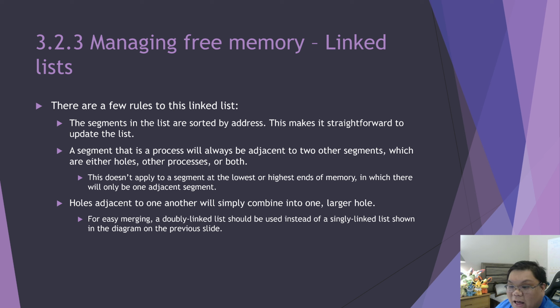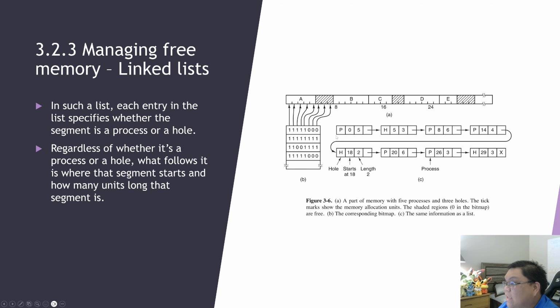This does not apply to a process that's at the lowest or highest ends of memory, because it'll just be adjacent to one other segment. But apart from those edge cases, a segment will always be adjacent to 2 holes, 1 process and 1 hole, or 2 holes.